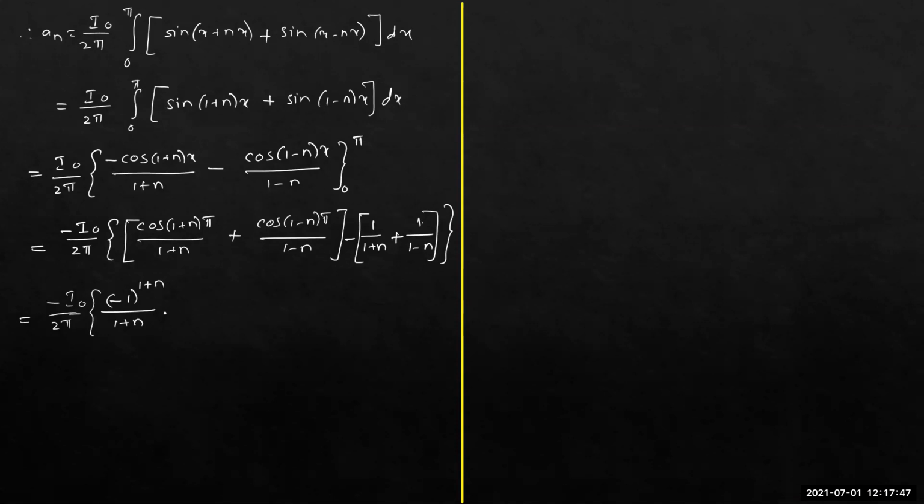Then plus cos of (1 minus n) into pi, we'll get it as (minus 1) to the power of (1 minus n) divided by 1 minus n. Then minus, I'm just multiplying with minus sign, minus 1 by 1 plus n minus 1 by 1 minus n. Now see, for my convenience, I'm writing them like this.